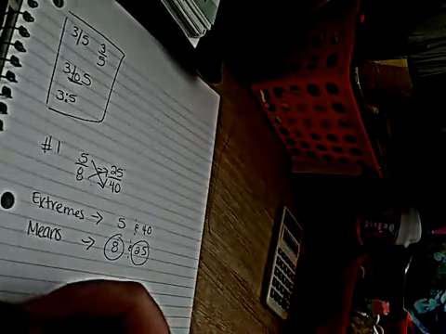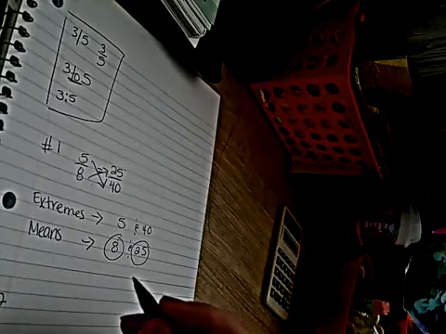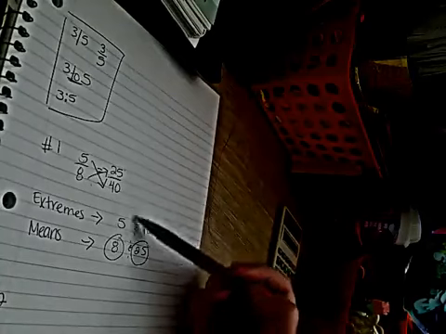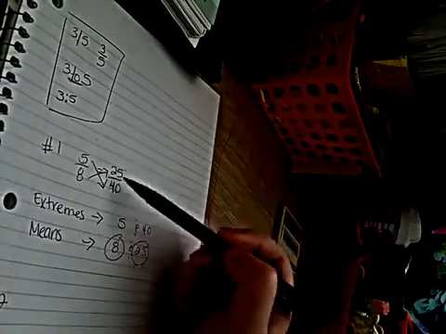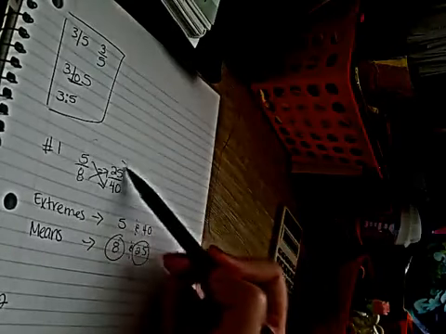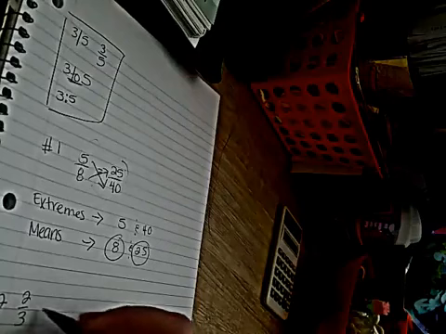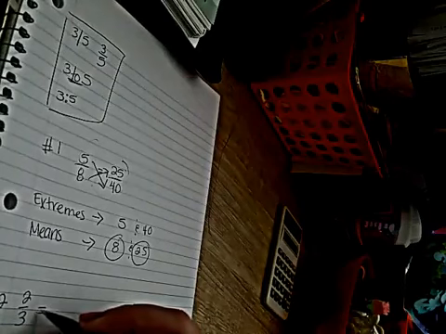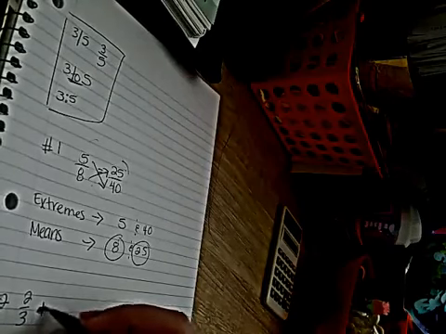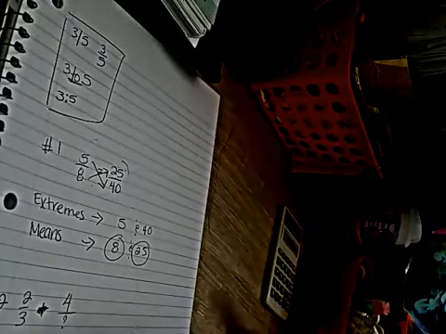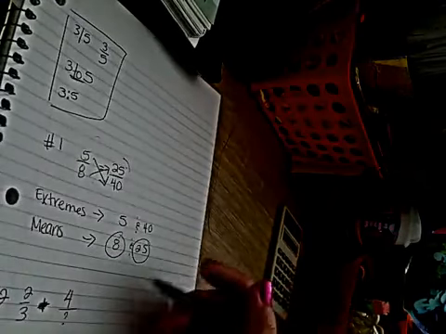Number 2 is asking, fill in the blank for each pair of ratios to form a proportion. So a proportion is this to this. In this case, you have 2/3 equals blank over 4, what would make it a match.